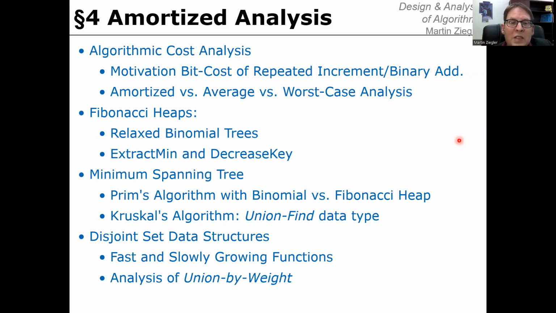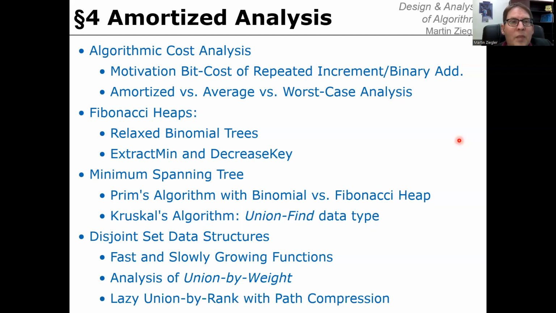First, we're going to analyze the union by weight heuristic, and then we're going to analyze the lazy union by rank with path compression heuristic, which turns out to grow as slowly in amortized cost as the inverse Ackermann function. So that's our long chapter 4 on amortized analysis.